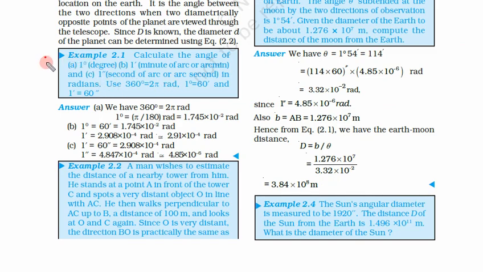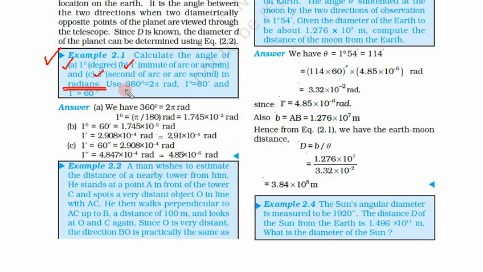Now let us take this example. First we have to calculate the angle of 1 degree, then 1 minute of arc or arc minute, and next 1 second of arc or arc second, in radians. So we have to calculate these angles in radians.